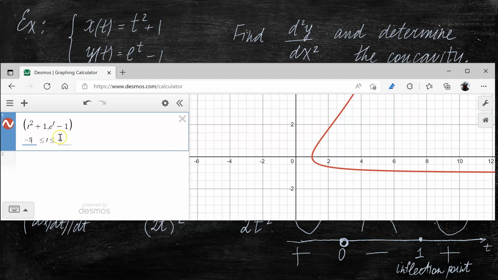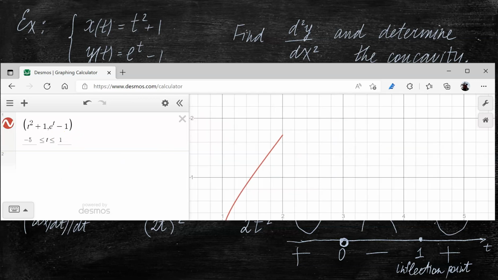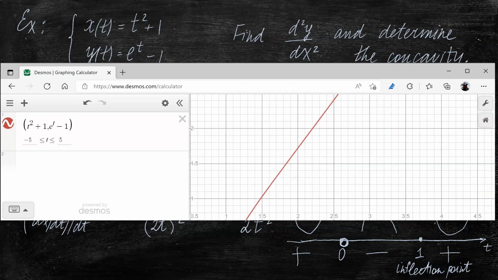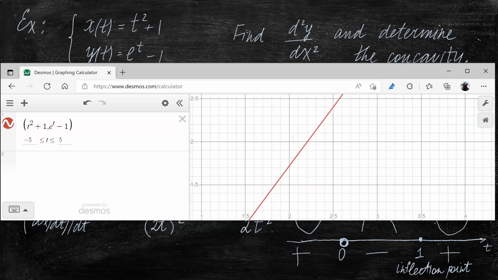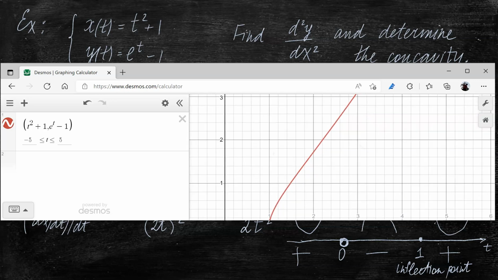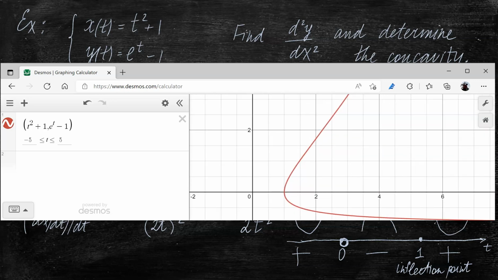And where's t equals 1? So we see how at this point we have the change of concavity. It went from negative to positive. Again, it's hard to spot, but the second derivative analysis convinces us that that's what really happened there analytically.